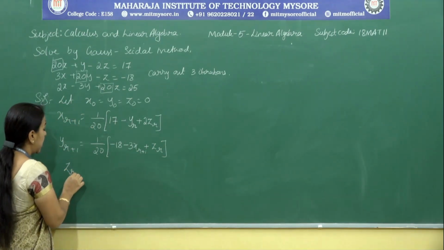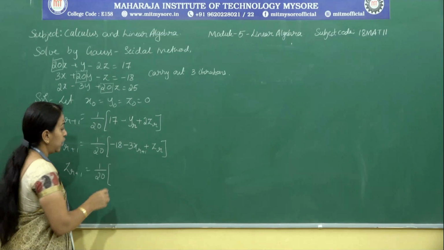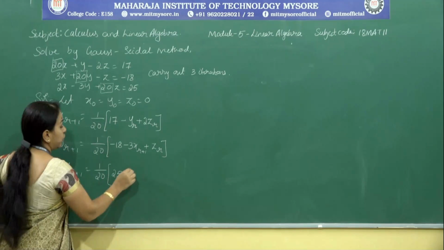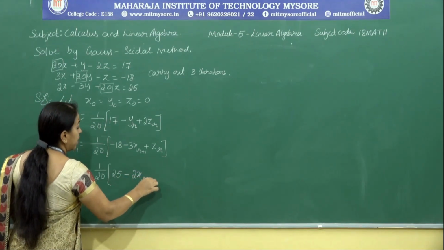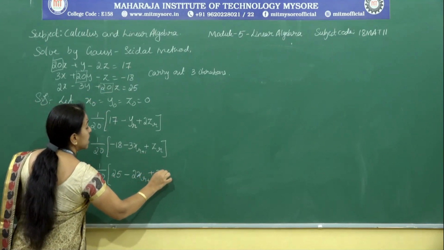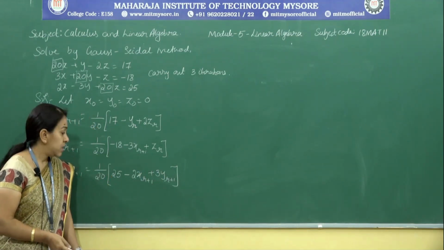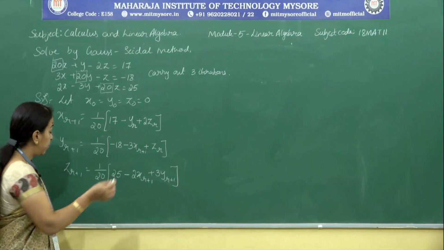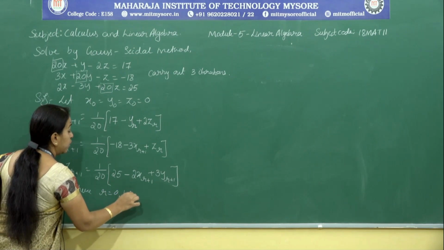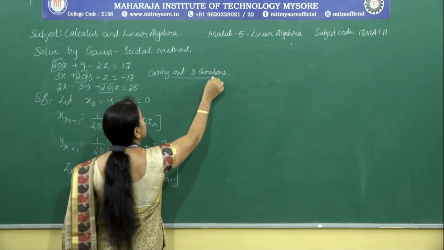And the last one, z_(r+1): again we have the dominant element 20, so 1 by 20 into the RHS value 25 minus the x coefficient, 2 times x_(r+1), and the y coefficient is minus 3, so minus of minus becomes plus 3 times y_(r+1), where r varies from 0, 1, 2, 3 etc. And of course they asked you to carry out 3 iterations.